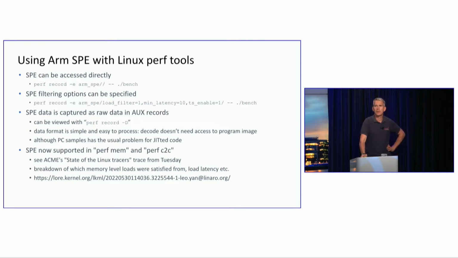Perf, as I think Arnaldo mentioned on Tuesday, SPE is now exploited by the memory-centric perf analysis. So things like perf mem and perf c2c are using SPE to do things like a breakdown of memory latency, which levels of the memory hierarchy data is being fetched from, are things missing in cache and so on.